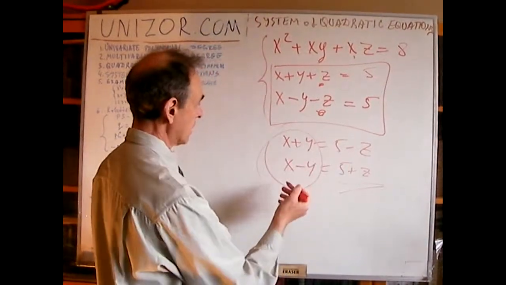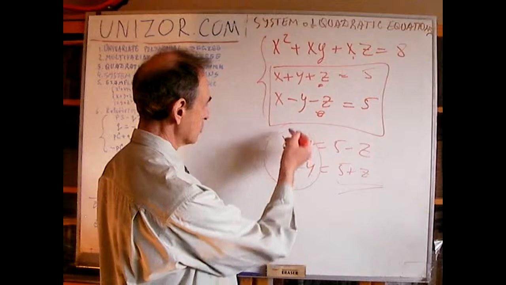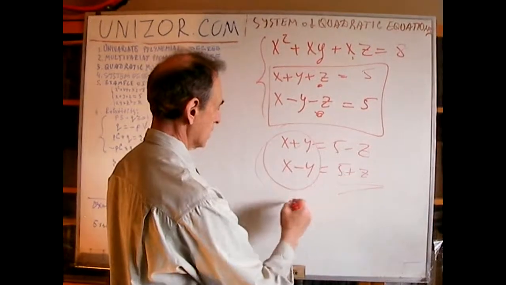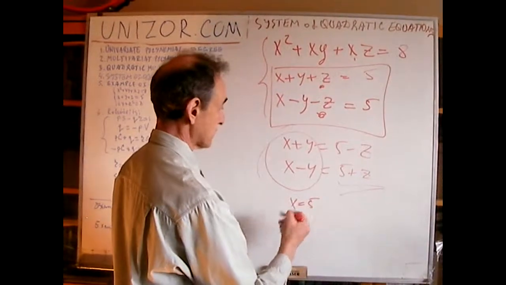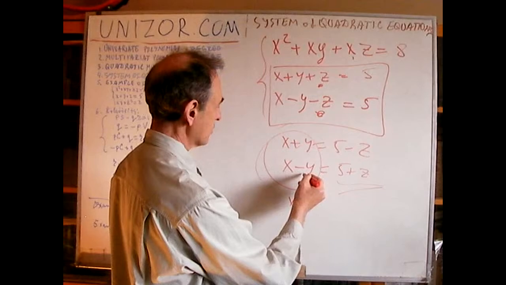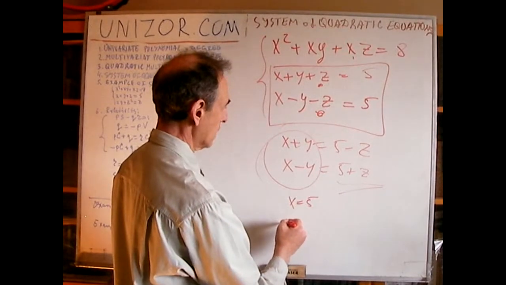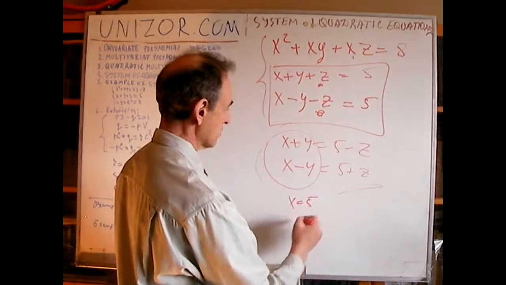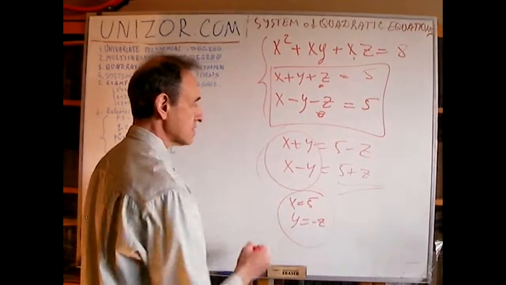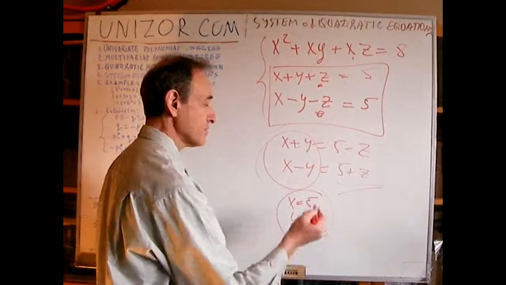Well, in this particular case, the easiest way is just to add them together. It will be 2x equals 10, so x is equal to 5. It's a constant actually, but if you subtract this from this, you will have 2y equals minus 2z, so y is equal to minus z, right? So this is a solution, but a solution in terms of z.